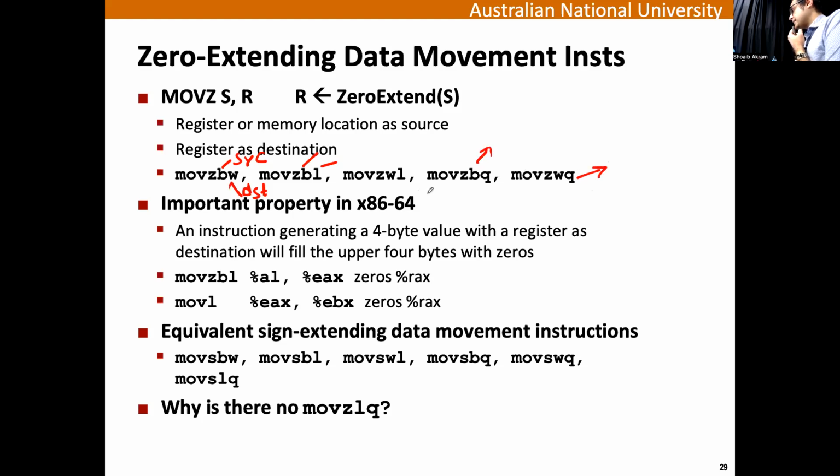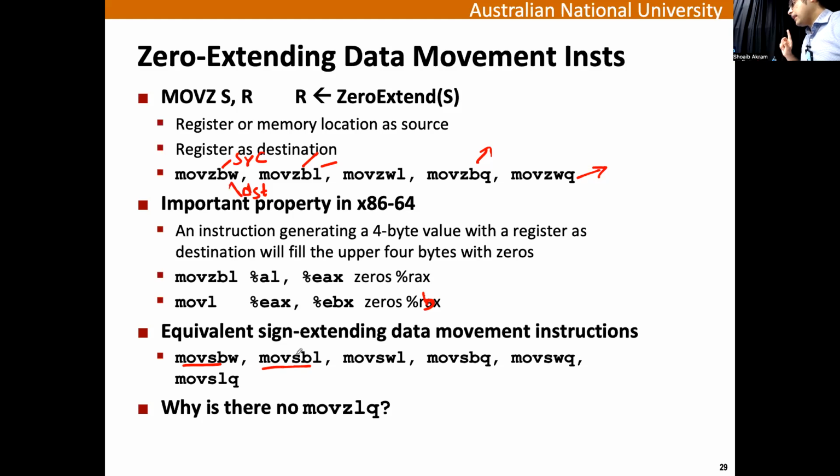B is a byte. And then there are instructions that do the sign extension instead of zeroing.